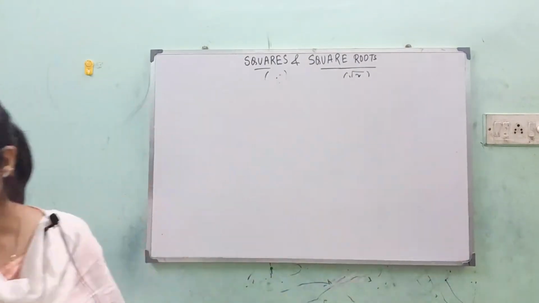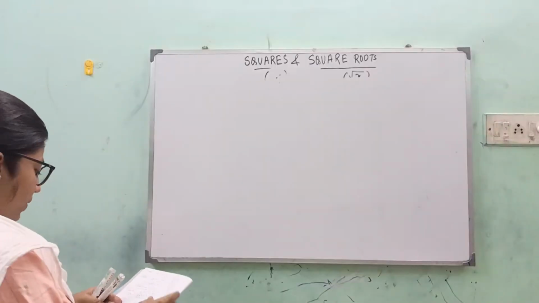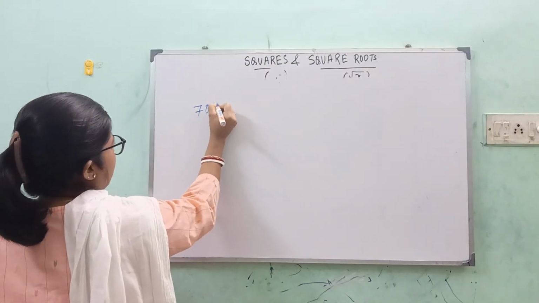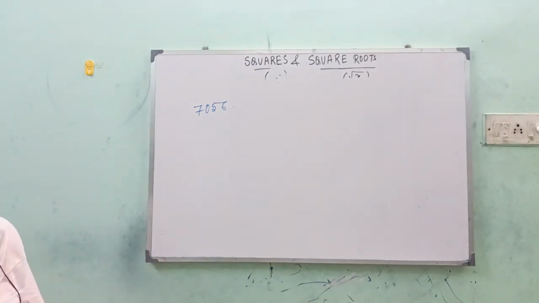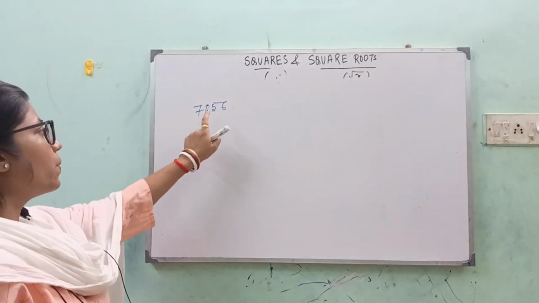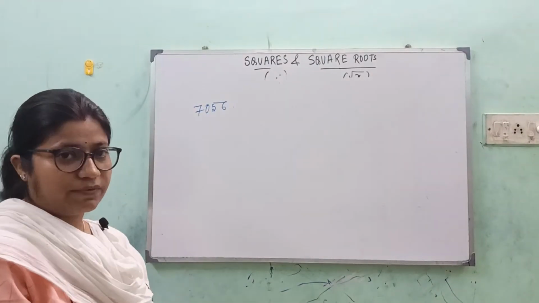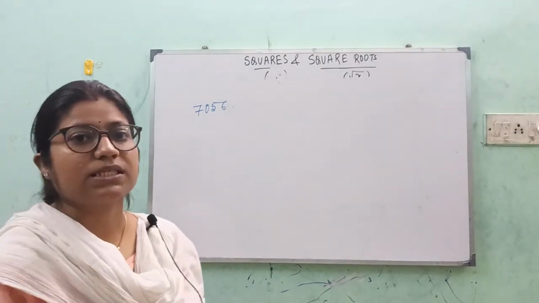Now let us do one sum: how to find whether 7056 is a perfect square or not. I'll give you 10 seconds. Quickly find a number whose square is 7056. Find the number whose square is 7056 if 7056 is a perfect square.